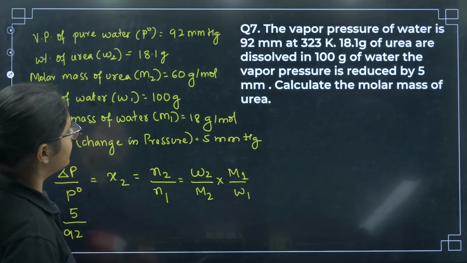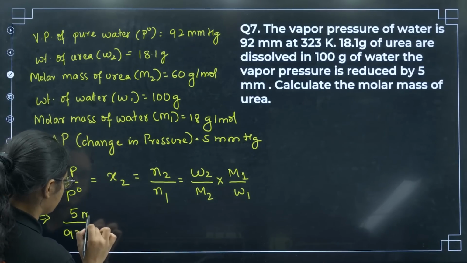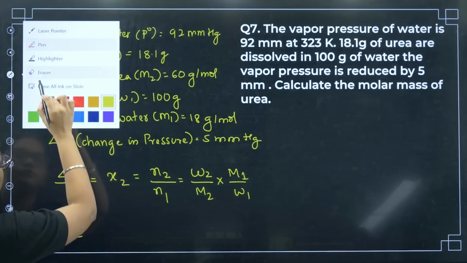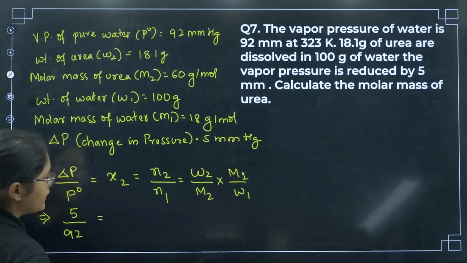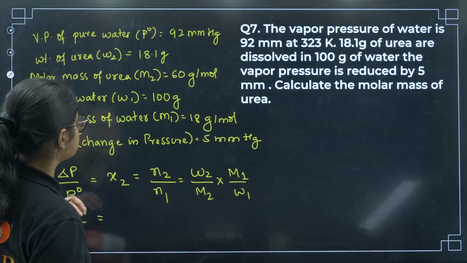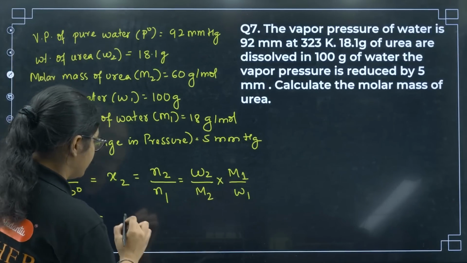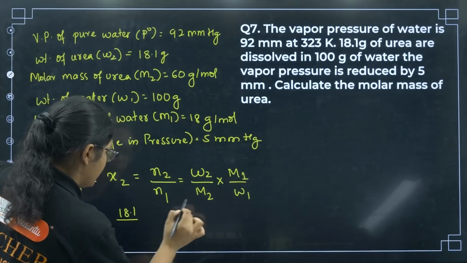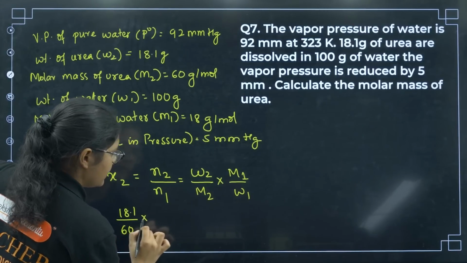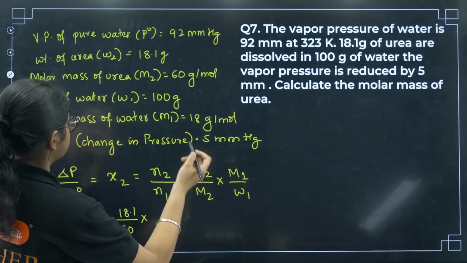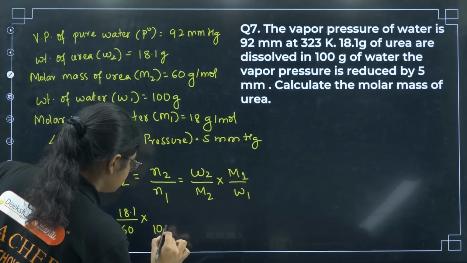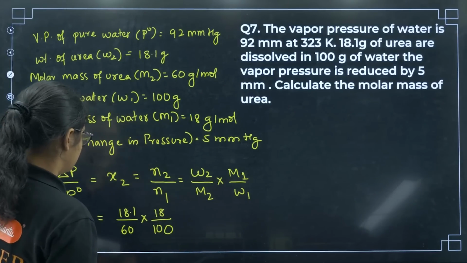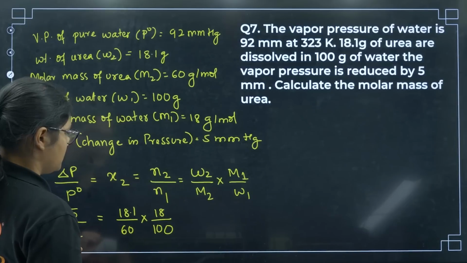Here you can write down just the values, no need to write down the units while substituting. Next W2 is 18.1, M2 is 60, into W1 is 100 grams, molar mass is 18. So I have to just solve it. One second.